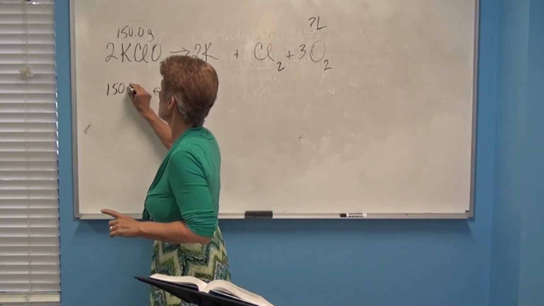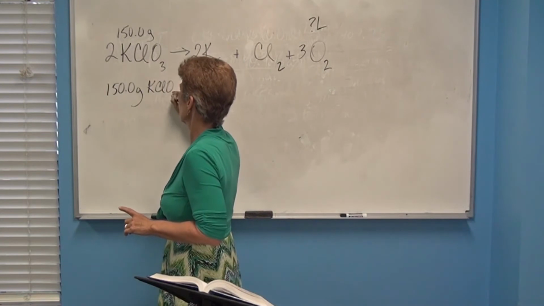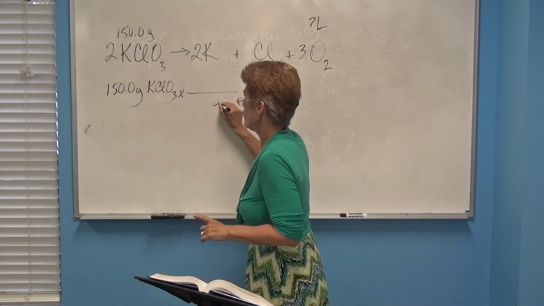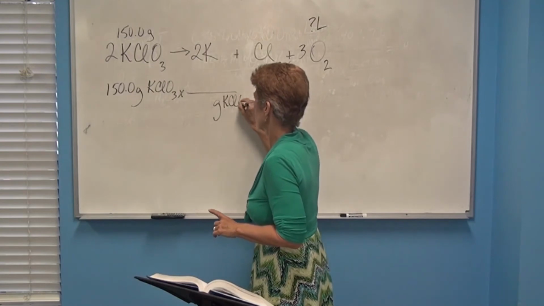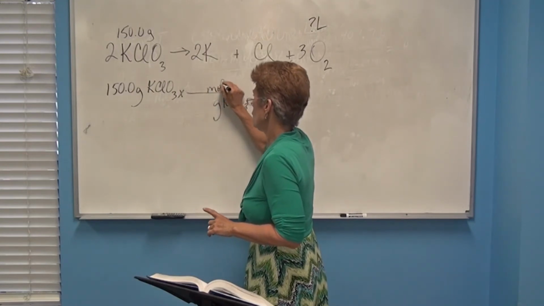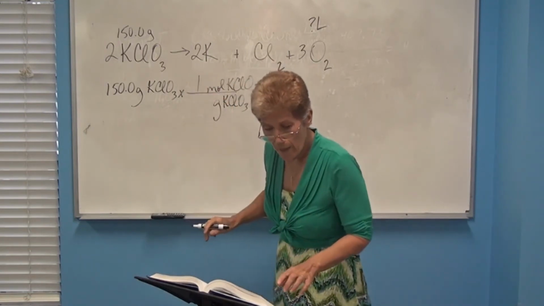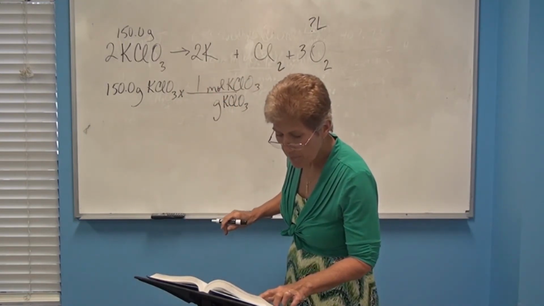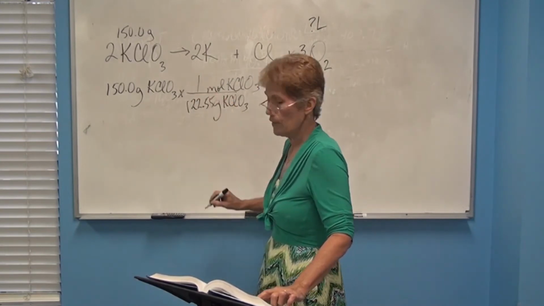So we go 150.0 grams of potassium chlorate times line. The grams of potassium chlorate to the moles. And we're going to add that up, and it's going to be 122.55.